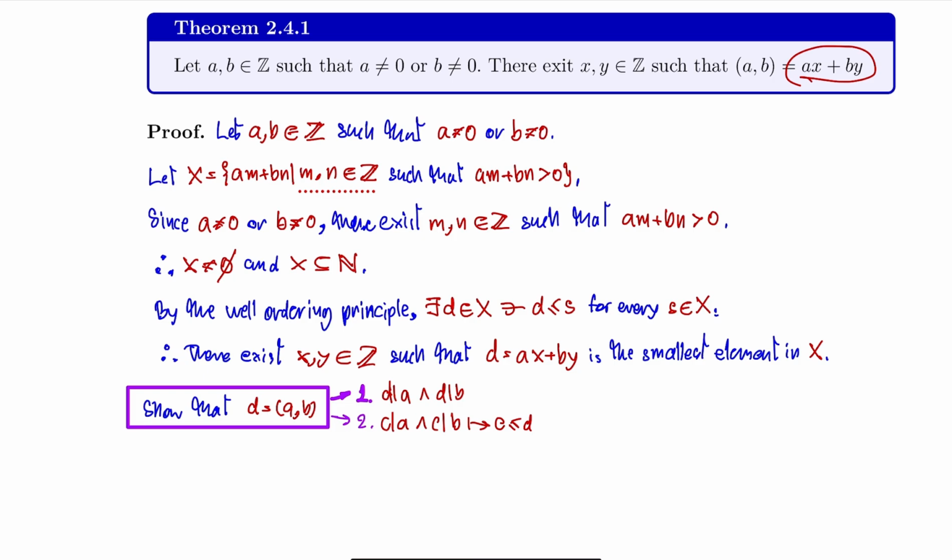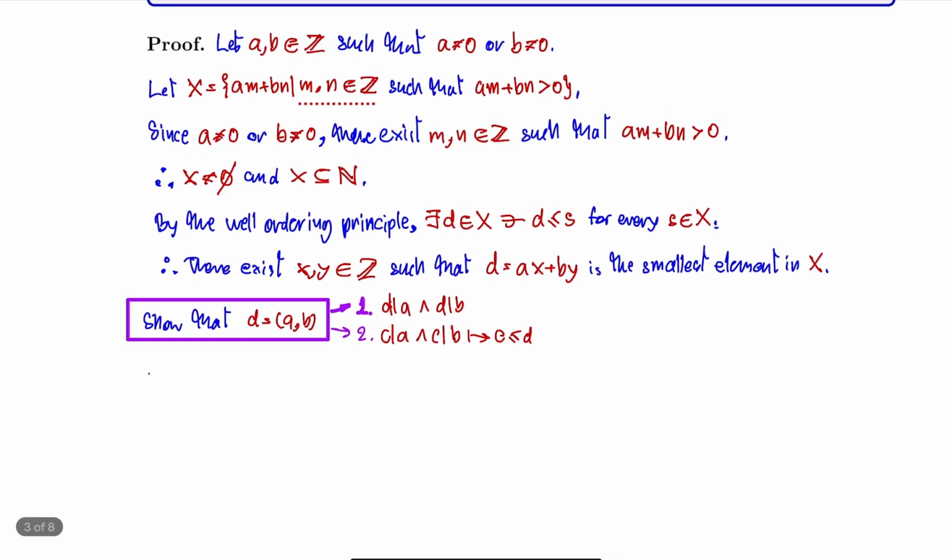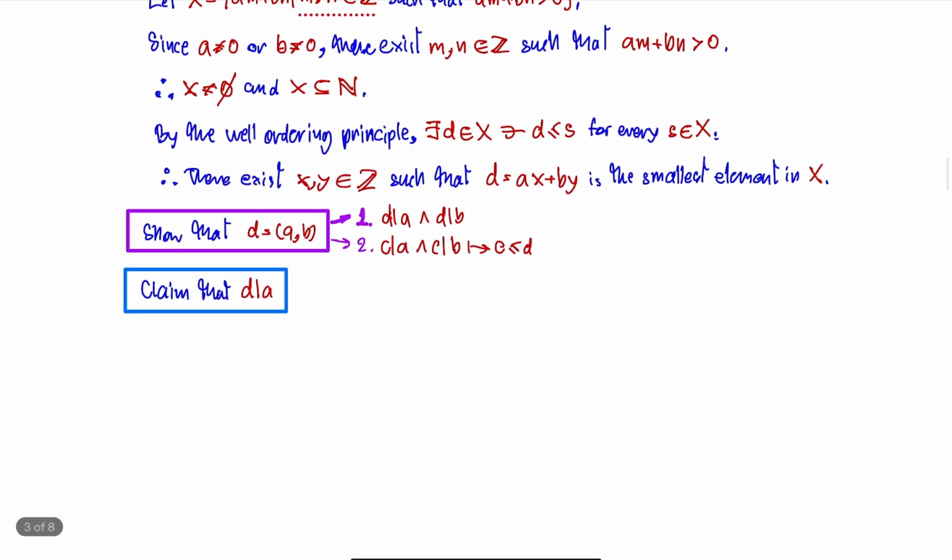So we start with this claim. We have to claim that d divides a. Okay, let's try to prove this. Try to show that d divides a. So we have to consider these two integers, and we have to use the division algorithm.